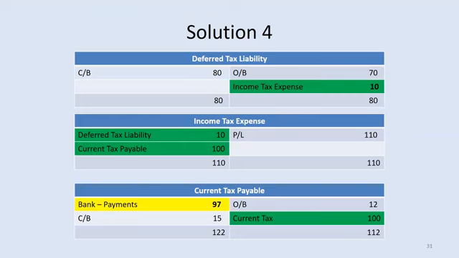We pull that through to current tax payable, and we can then balance this account to actually see how much was physically paid over to the South African Revenue Services. If we look at our credit side, it's sitting at 112, and our debit side is sitting at 15. That must then mean we paid over a value of 97,000 Rand to the receiver of revenue for that financial year.